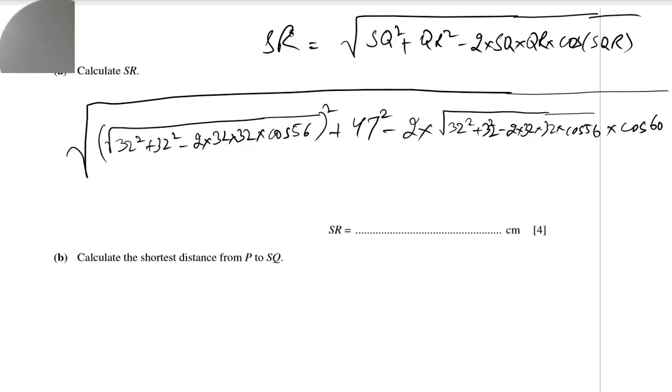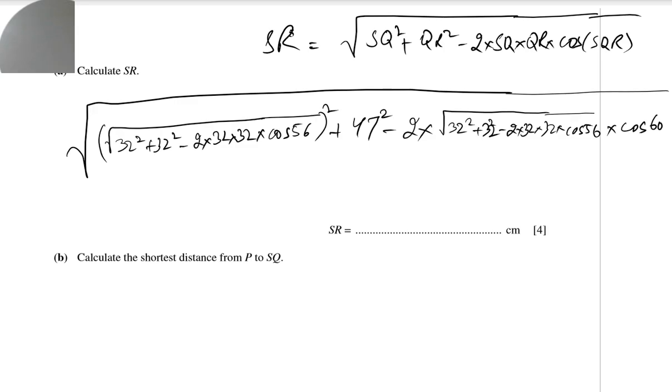Yes, 47 square minus 2 into 32 square plus 32 square minus 2 into 32 into 32 into cos of 56.